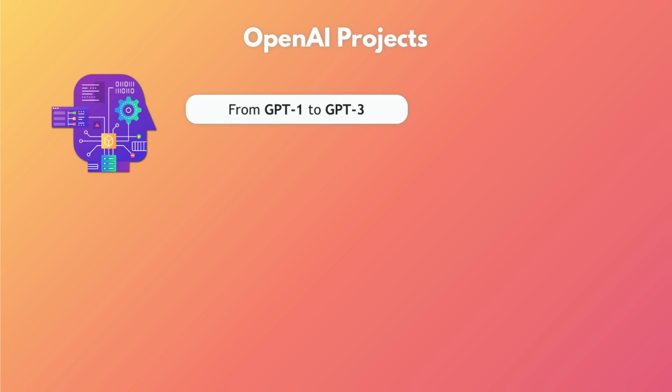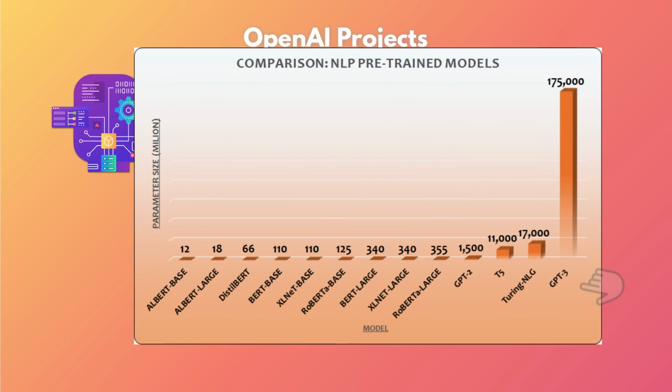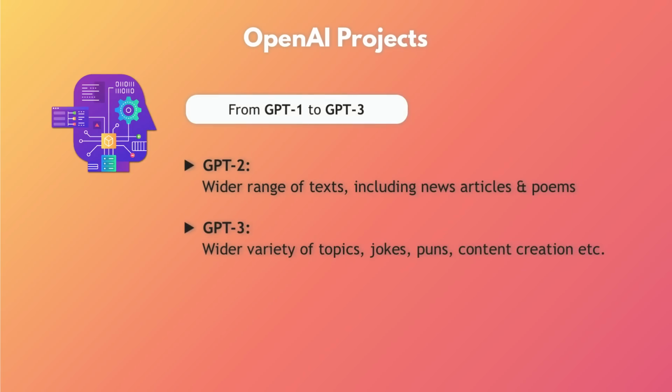And GPT-2 has the ability to generate a wider range of texts, including news articles, whole stories, and poems. And then an even more powerful version was developed, which was GPT-3, which can even produce jokes, puns, and has an even wider range of usages, including for language translation, question answering, text summarization, and content creation.